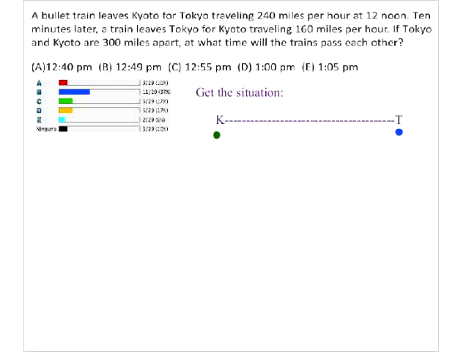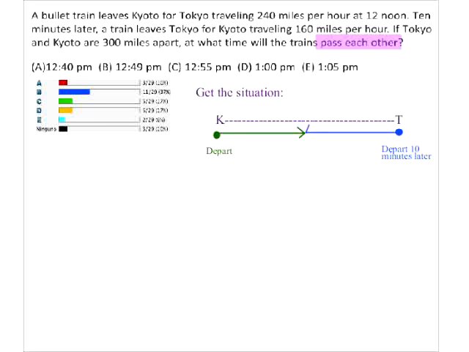So this train departs from here, and this train departs from here 10 minutes later. And then they pass each other, which is the same thing as when will they meet. So that means that you have some sort of situation like this.